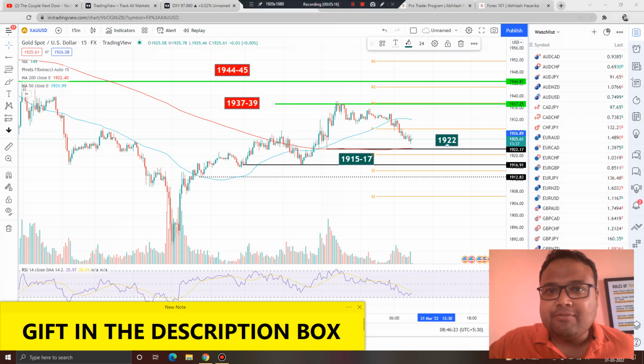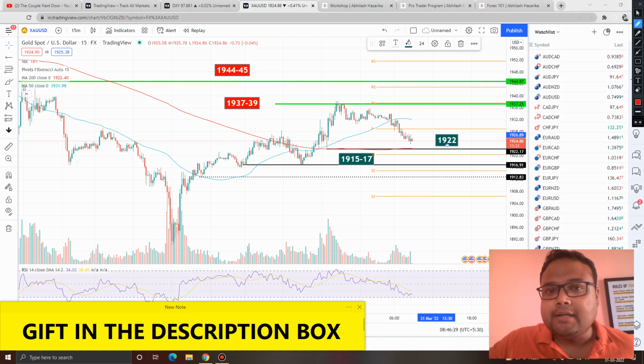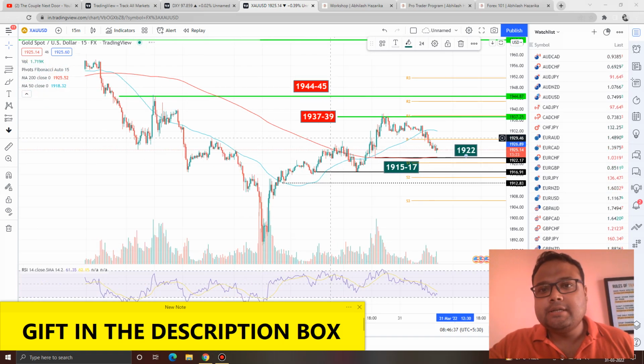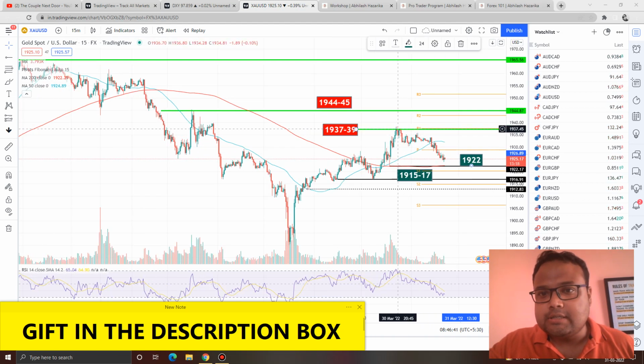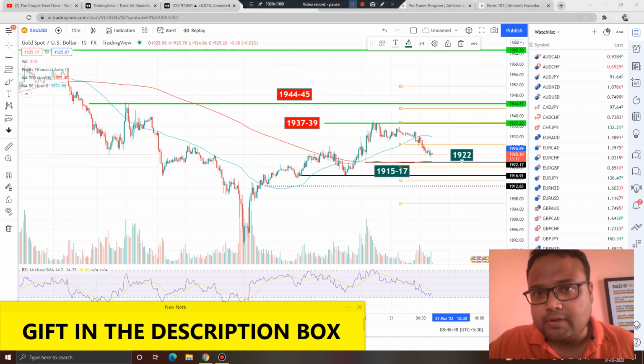And if the market goes up from here, then we can expect selling around 1937 to 1939. This is a resistance in the chart of gold. Why is this a resistance here? Because first of all, we have this static resistance, and then we also have the confirmation from the Fibonacci as well.